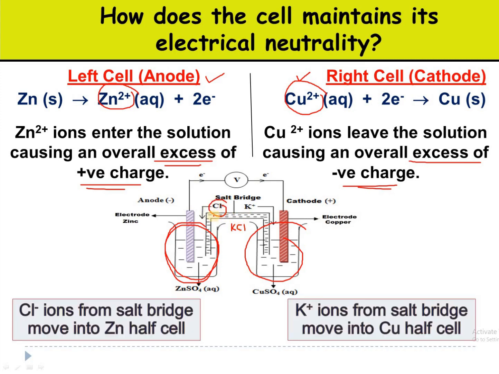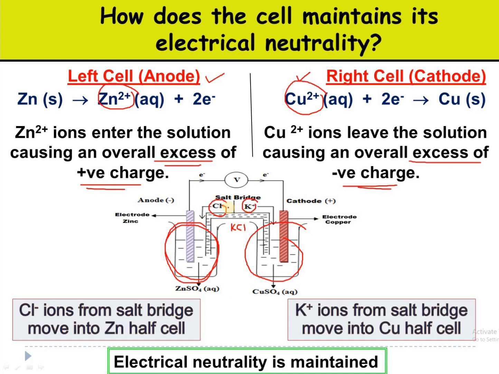Chloride ions from the salt bridge move into the zinc half cell to neutralize the excess of positive charge, and potassium ions from the salt bridge move into the copper half cell to neutralize the excess of negative charge. After the salt bridge neutralizes the excess positive and negative charge, electrical neutrality is maintained.